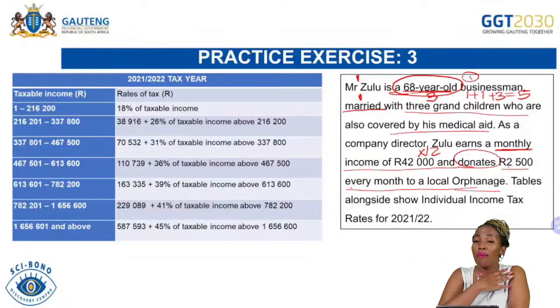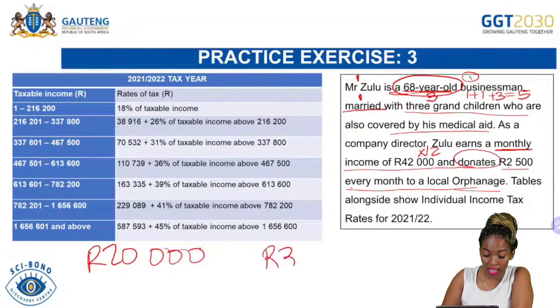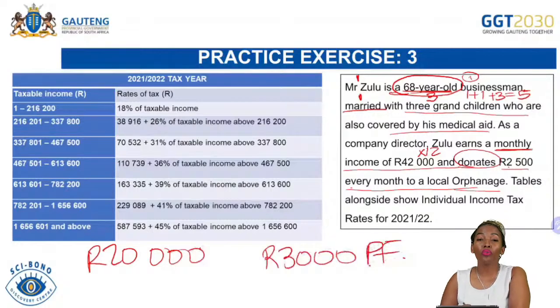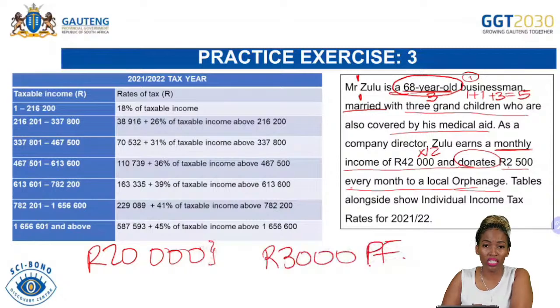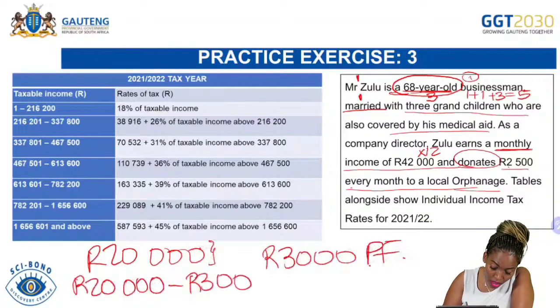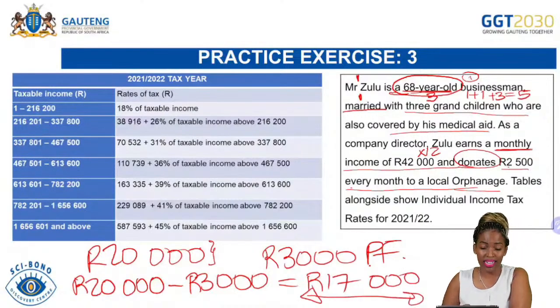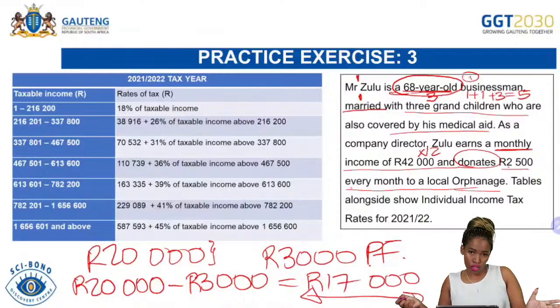Let's say I was earning 20,000 rand and I'm contributing 3,000 towards the pension fund. When you calculate my tax, you will not calculate my tax based on the 20,000. What you are going to do is say 20,000 minus 3,000. So when you tax me, you are only going to tax me on the 17,000. The 3,000 must be excused.